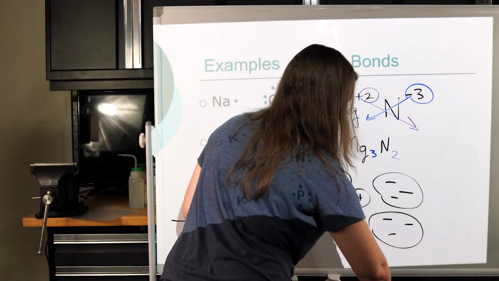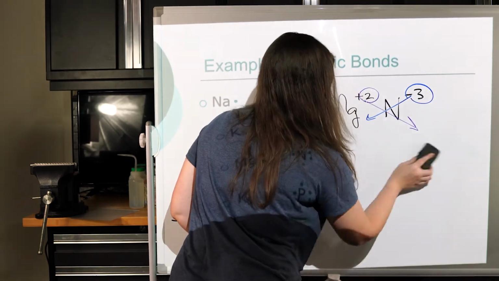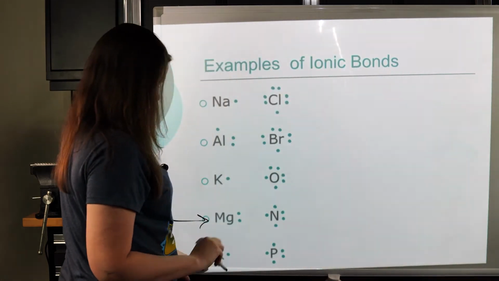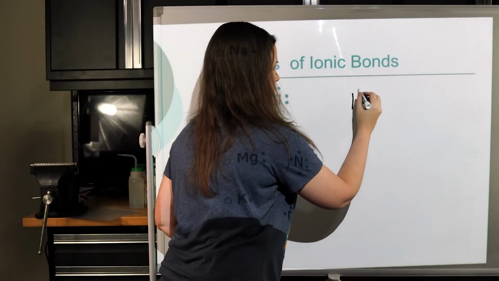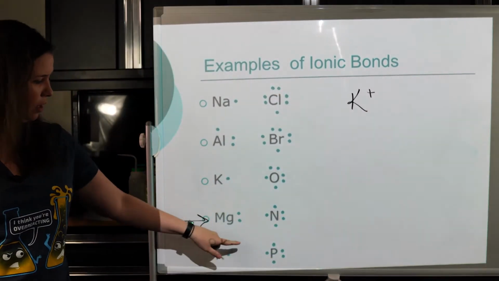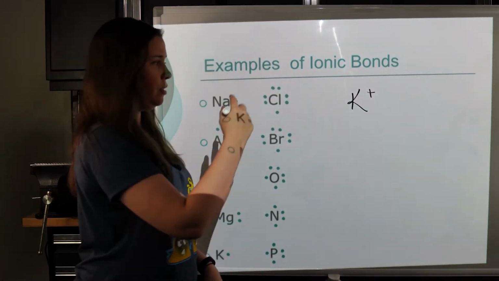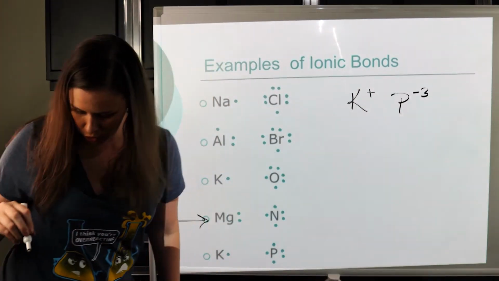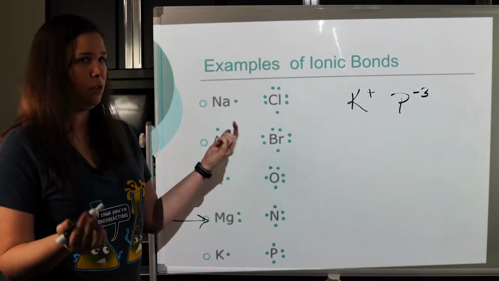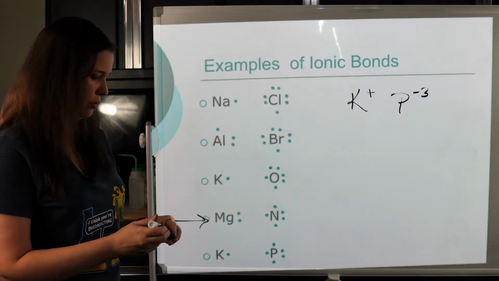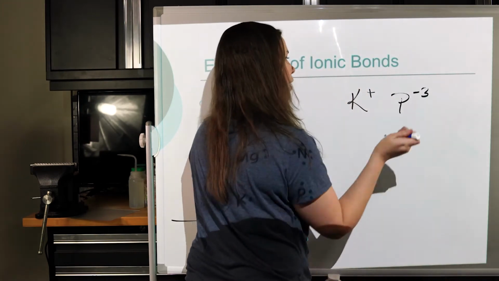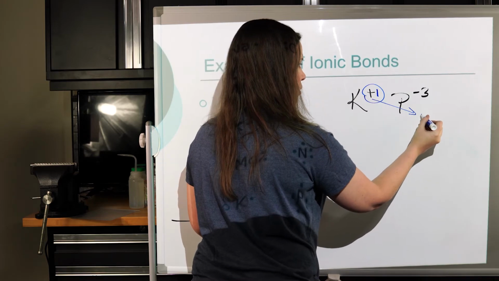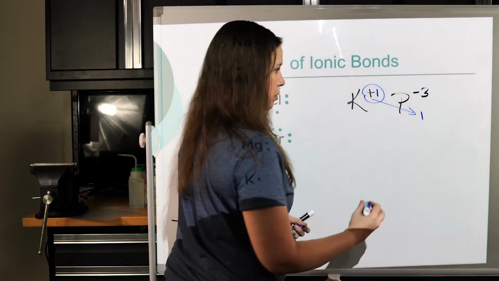So let's try the last one doing that way. We've got our potassium, which would have a +1 charge. And then we have our phosphorus, being in group 15, would have a -3 charge. So using the crisscross method, how many potassiums and how many phosphorus? The plus is understood to be a 1, which would be my subscript for P. By the way, a subscript of 1 is also understood.